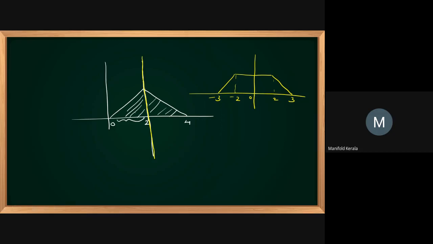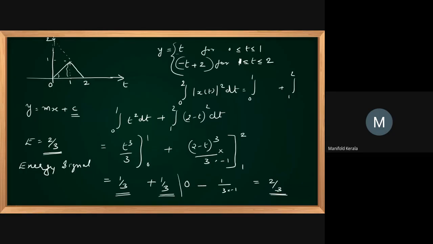Instead, you can just take from 0 to 3 and take the double. That is applicable for any symmetric figure, even if the axis is not the y-axis. Here it is about the y-axis, but there it is about the axis x equal to 2. So if you have symmetry, you can utilize this property to find the energy. Is it clear to all of you? So the energy for this particular problem is 2 by 3.